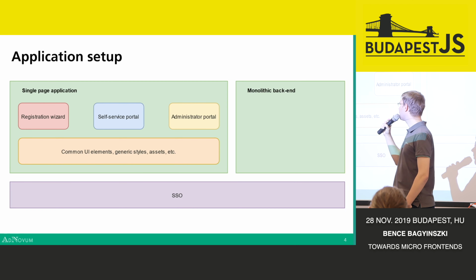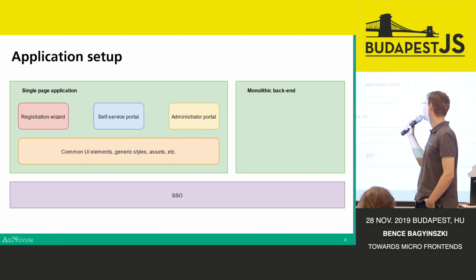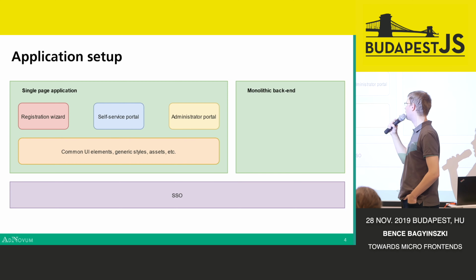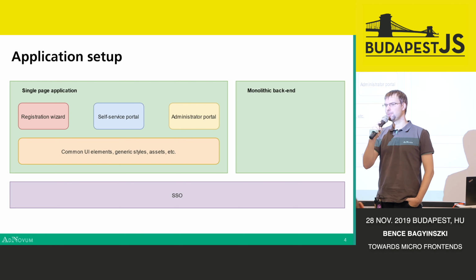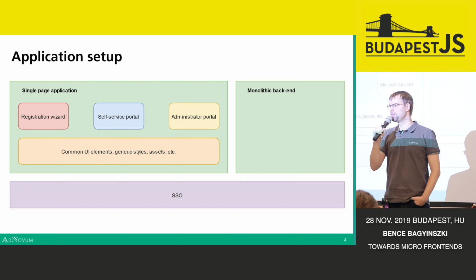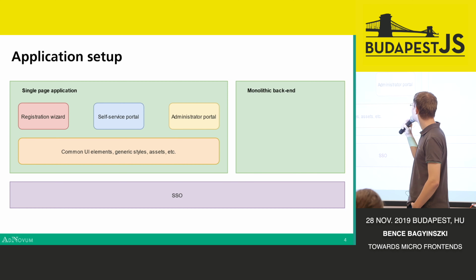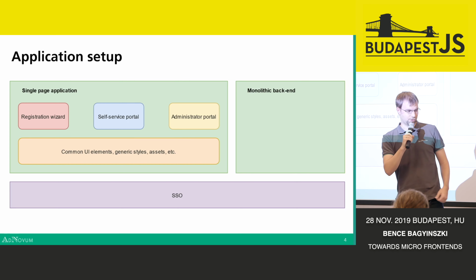It had a registration wizard for the new users, a self-service portal where the users could manage their own profile, and an administrator part where they could supervise the users. Also, this single-page application was connected to a monolithic backend, and the whole story was behind a single sign-on solution.